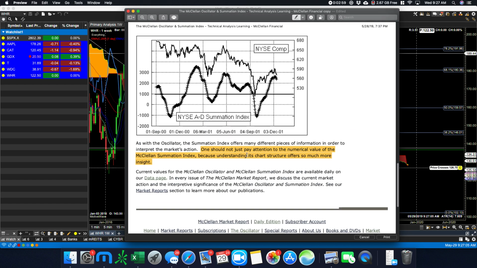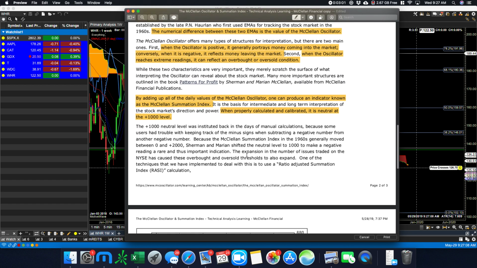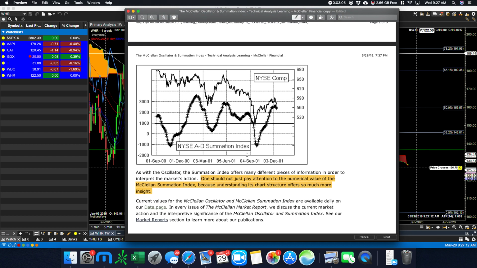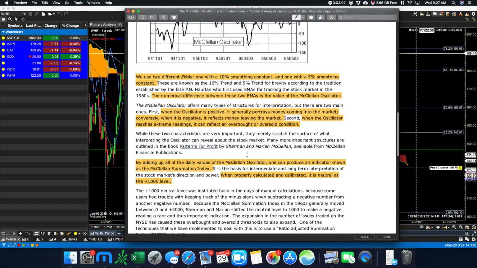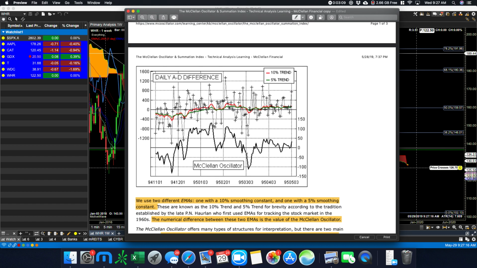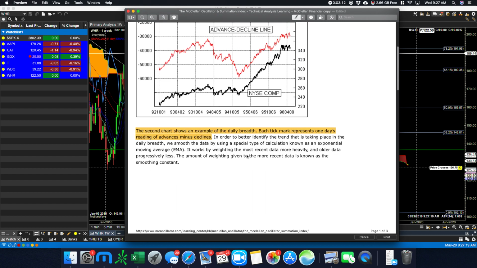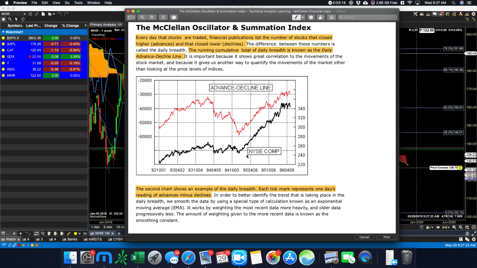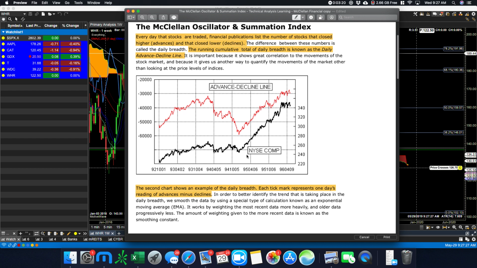I'd encourage you to learn more about the McClellan Summation Index, but for now we are just tracking the McClellan Oscillator, which is helping us identify the rate at which money is moving into or out of the market.